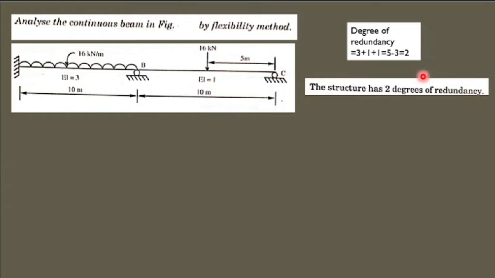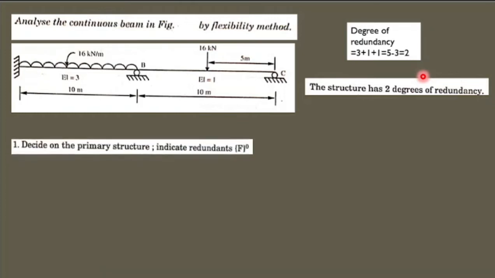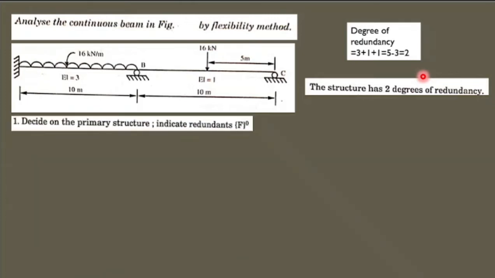Okay, now you have to find what they are. What is step 1? Decide the primary structure. Step 1 is to decide the primary structure and indicate the redundants, that is F naught. First, what you have to do is remove all the supports. So you have 3 supports here. Remove all of these, and you will be having 2 elements.